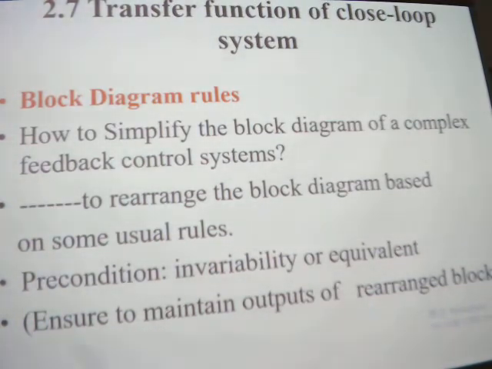Now, for block rules, we should study how to simplify the block diagram of a complex feedback control system. It's very important. Should simplify the block diagram. And also to rearrange the block diagram based on some usual rules.